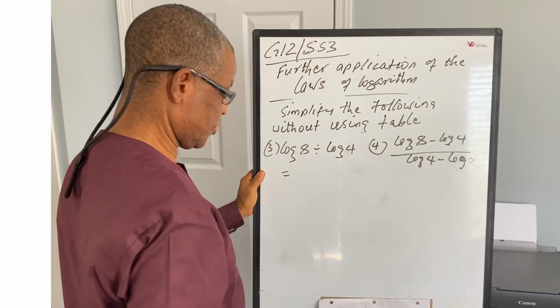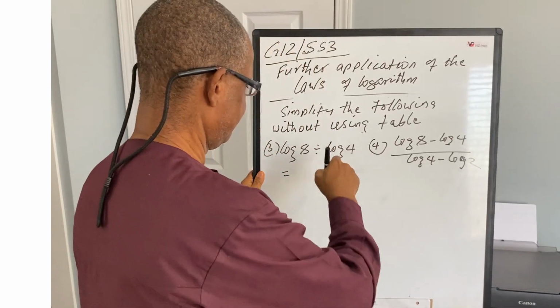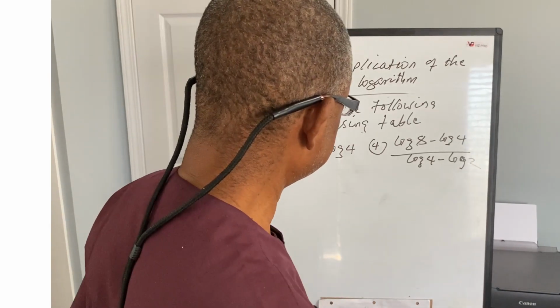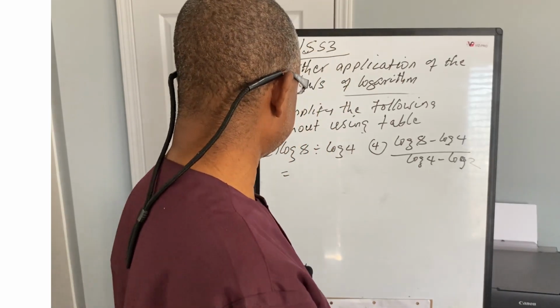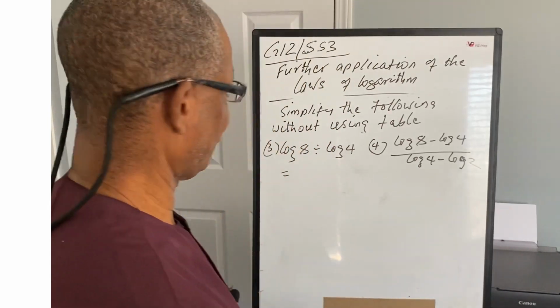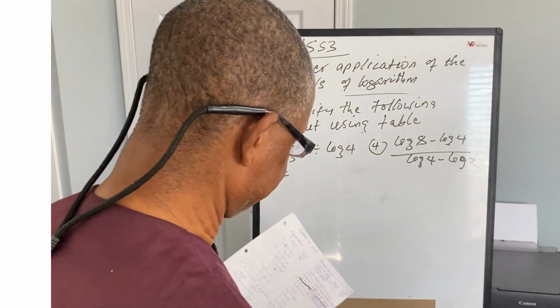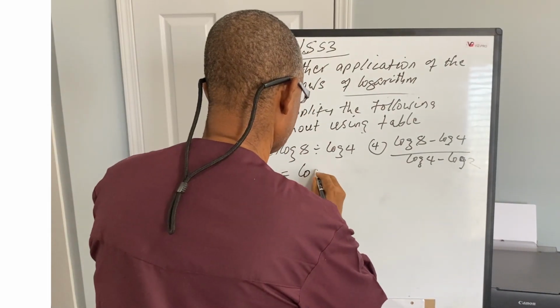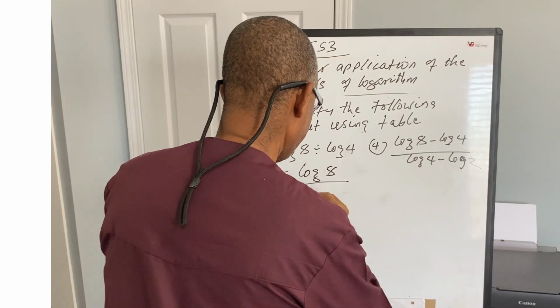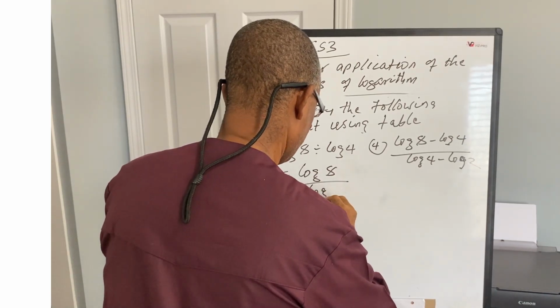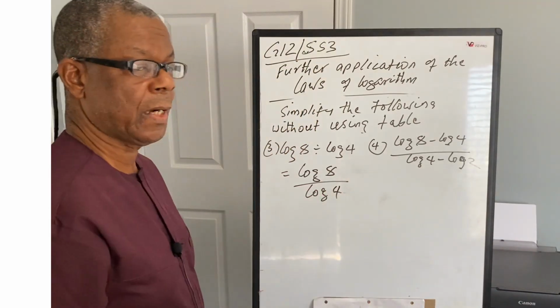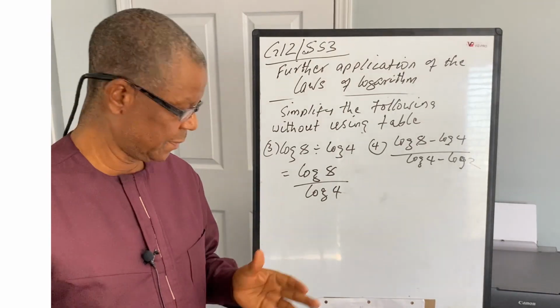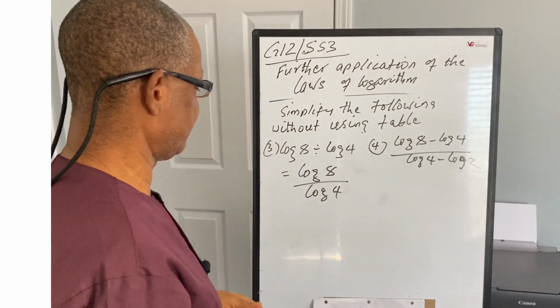Number 3. We have been going with log 8, log 4 in each of them. So there, this will give us log 8 divided by log 4. I want you to watch the principles and how we treat each of them.